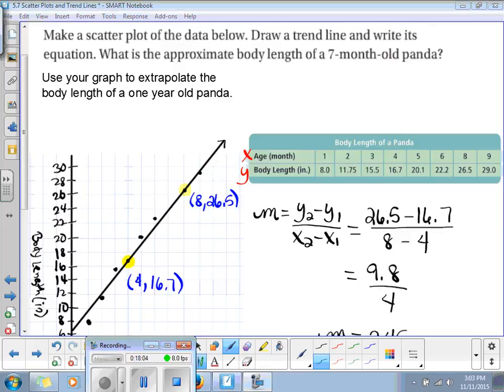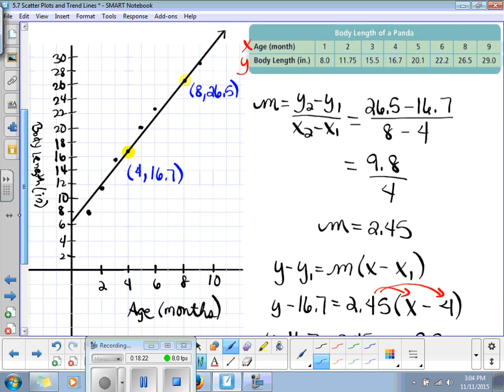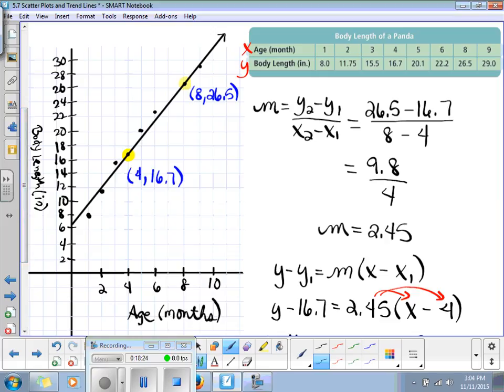So now we need to answer the question. It says, what is the approximate body length of a 7-month-old panda? You can put 7 in for X and then solve for Y. But I want us to use our graph. So we are going to use our graph to estimate the length of a 7-month-old panda. You're going to go to 7, which is right there, right?